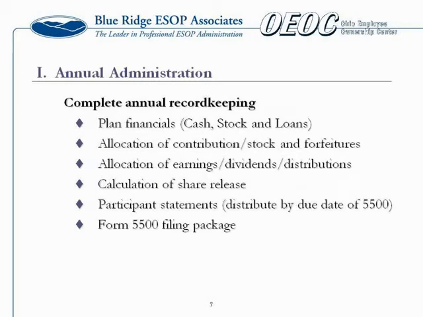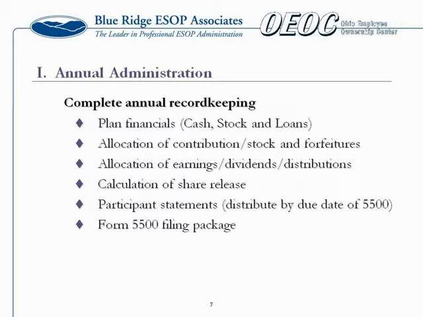Typically, we try to do everything we can up front, scrubbing the census down, doing your trust accounting, because typically the stock valuation would be the last piece of information we get from you. So your provider definitely appreciates getting things ahead of time. It's not ideal if we get everything at once.